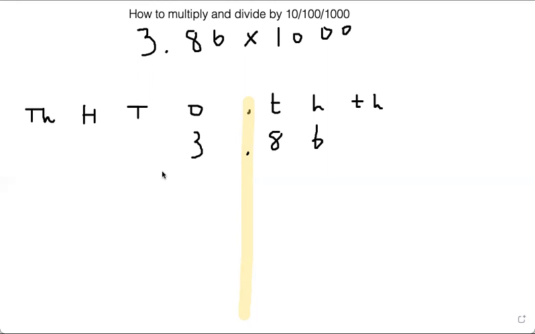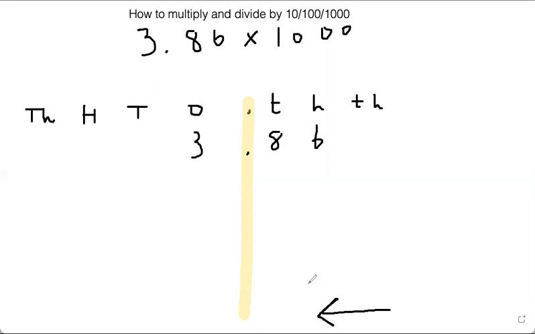If you were multiplying by 100, they would jump 2 spaces, and if you were multiplying by 10, they would jump 1 space. But we are multiplying by 1000, so we are going to jump every number 3 spaces. We're multiplying, so every number is going to be moving to the left as we are getting bigger.